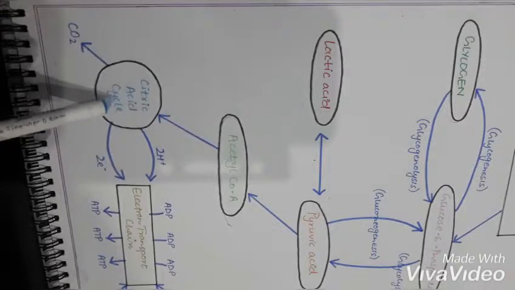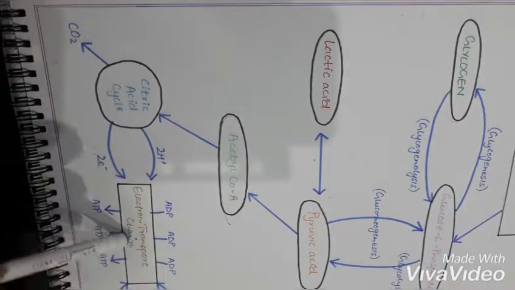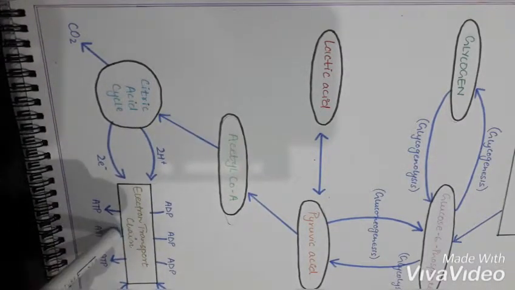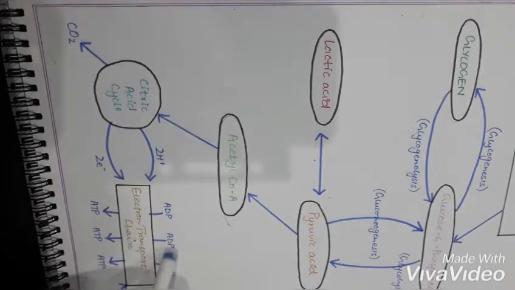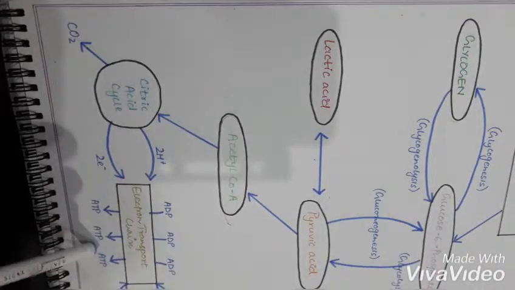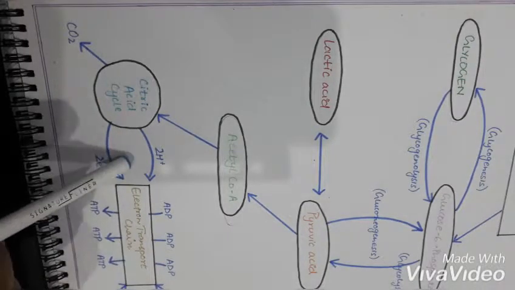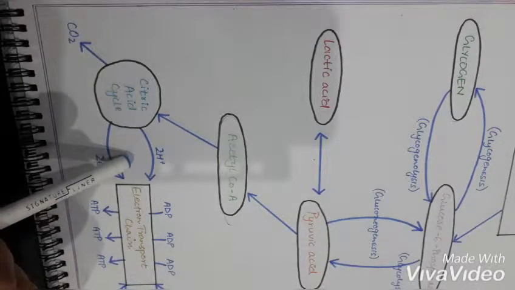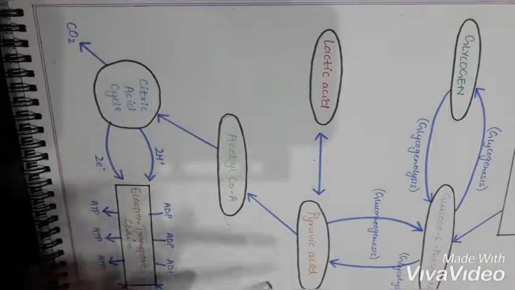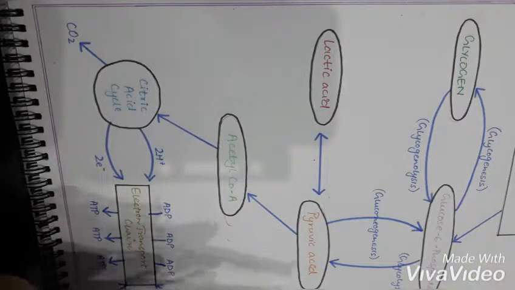Then, through the citric acid cycle, it moves into the electron transport chain, converting different ADPs into ATPs. Through different processes, electrons and protons are released, and there are different processes. We will discuss them later one by one.